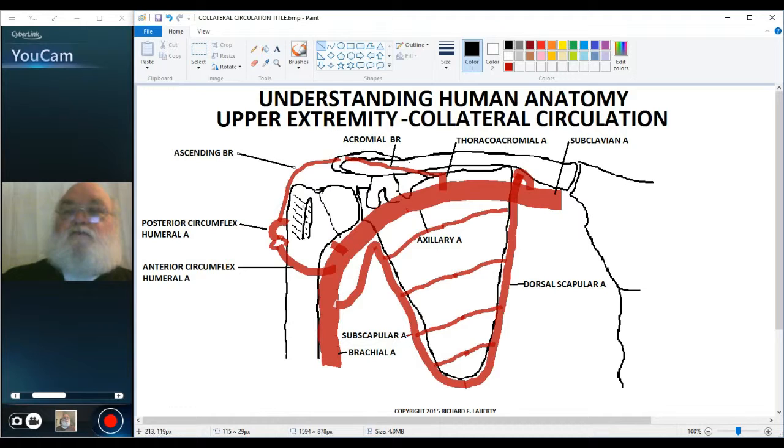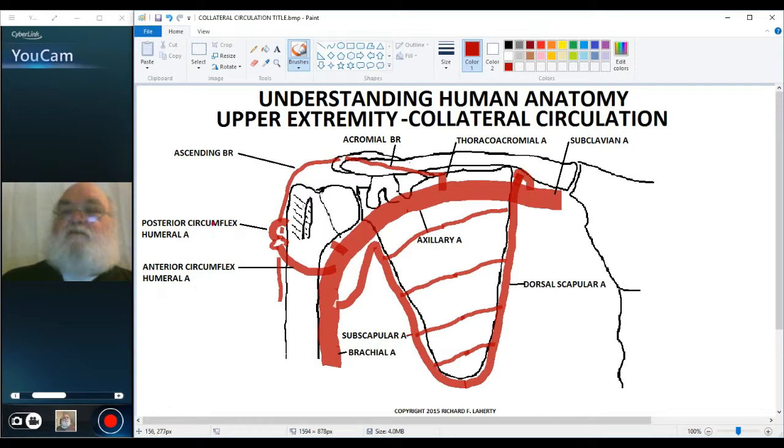The posterior circumflex humeral also has a descending branch which I'll draw in here. Skip around to show that it goes behind the anterior circumflex, like so.